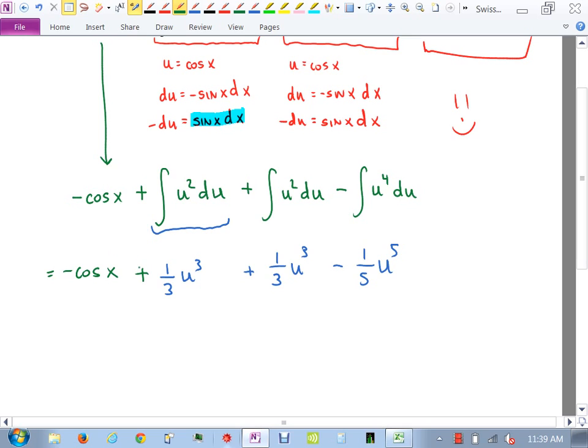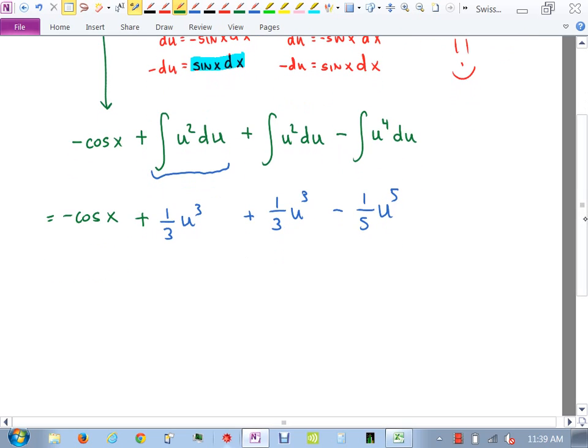Now we have to switch everything back to, what was u? Cosine x. Plus a c at the end, but we'll get to that. We should be at our final answer here. Negative cosine x plus 1/3, but another 1/3. Isn't that 2/3?